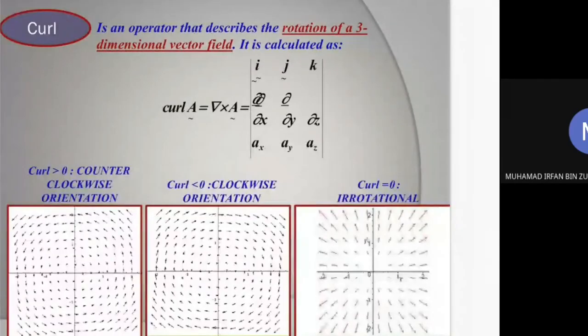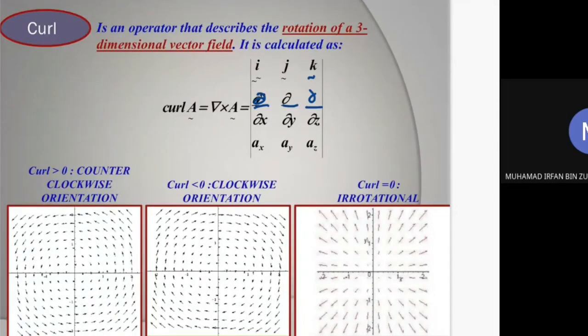Okay, so the last subtopic is the curl of a vector. Curl is an operator that describes the rotation of a three-dimensional vector field. It is calculated as gradient cross product with A. So this is del x, del y, del z.